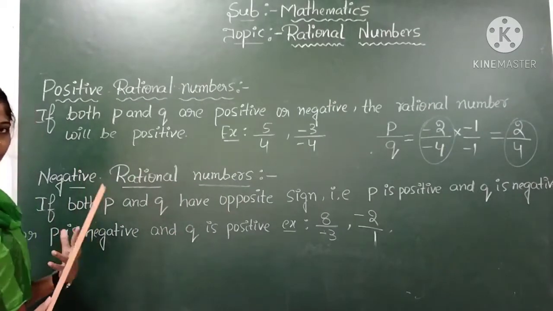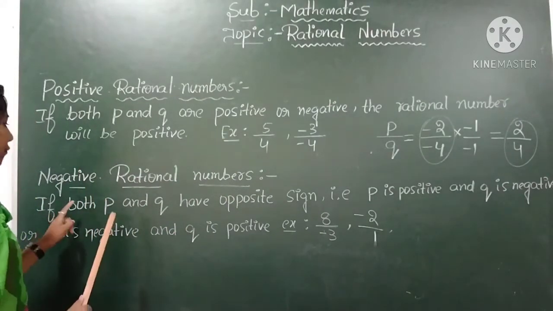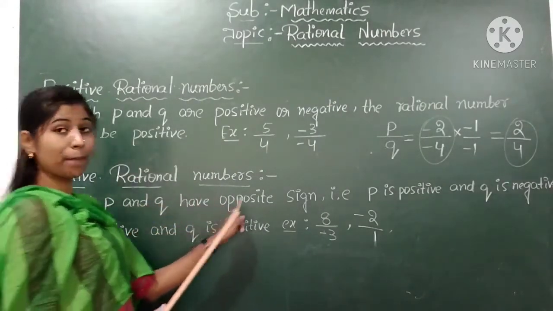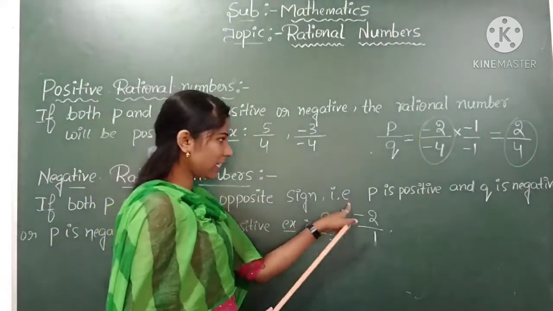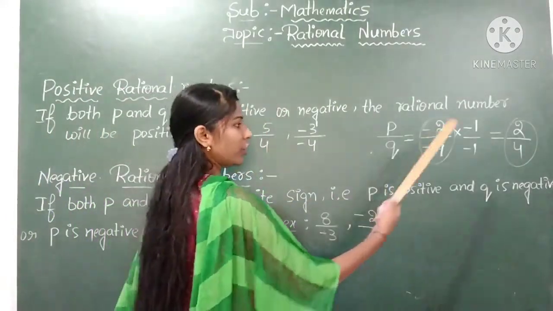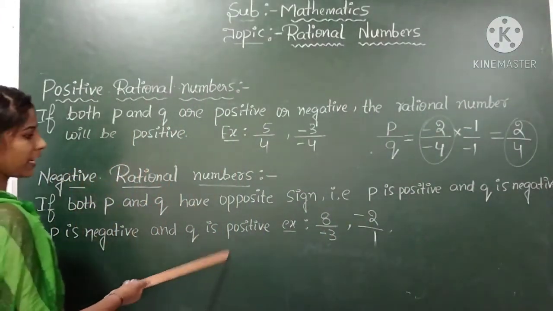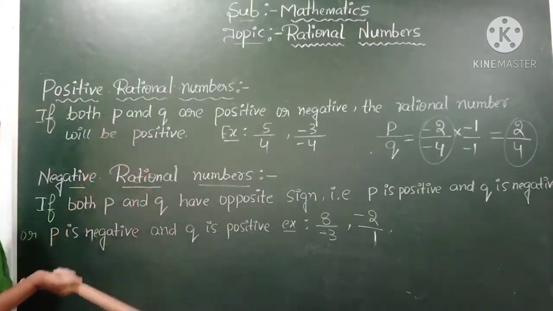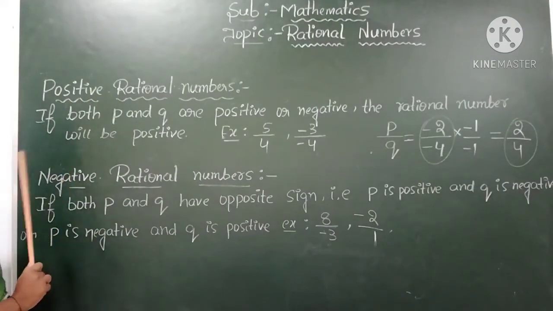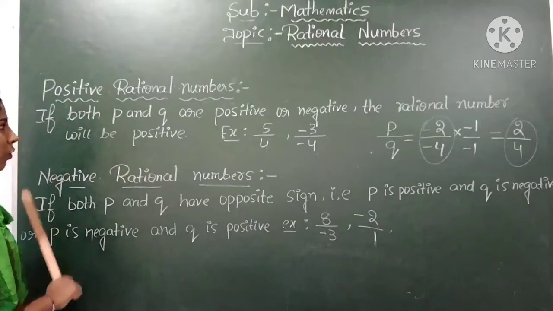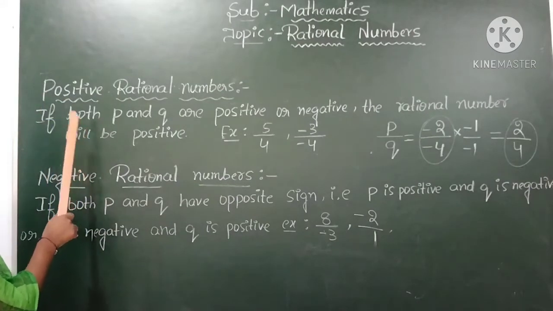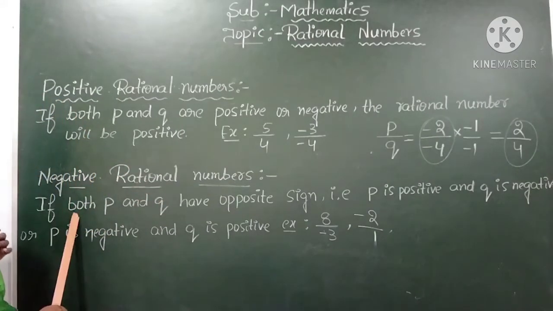How can you define negative rational numbers? If p and q have opposite signs, that is, if p is positive, q should be negative, and if p is negative, q should be positive. If there is an opposite sign in the numerator and denominator, those are called negative rational numbers.